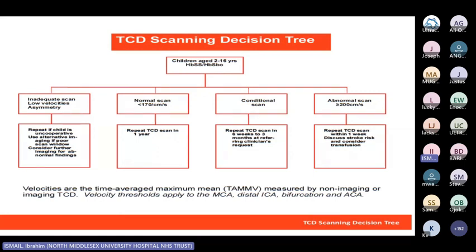We would repeat within 1 week and then discuss stroke risk and transfusion considerations. The hematologist and pediatrician would get involved here and discuss blood transfusion and see if the abnormal scan is reproducible. A 10% chance of stroke is still a substantial percentage.